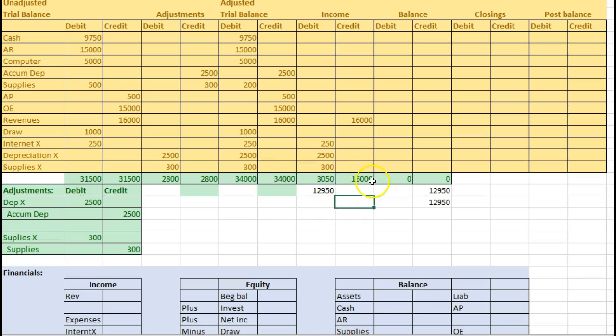Now these don't balance, and the balancing number is the net income. Well, that was interesting. This is the balancing number. So let's put it over here.